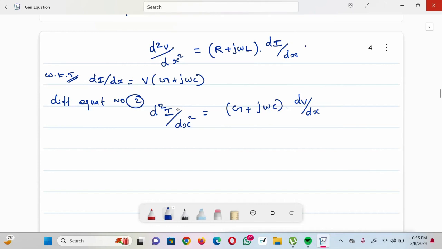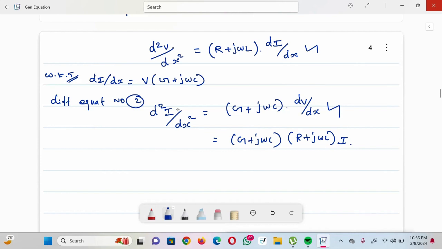So we differentiated with respect to current and with respect to voltage. We got these values by using the differentiation method.